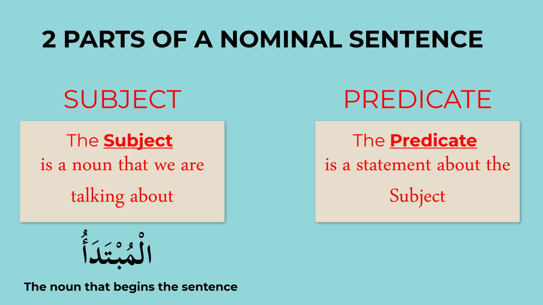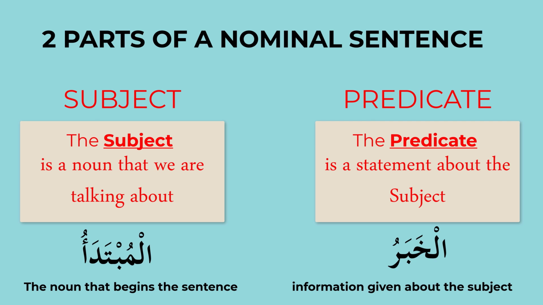Mubtada. Okay? Subject. And what is called predicate in Arabic? Very simple. Al-khabaru. Or you will say khabar. Are you with me? Khabar means news. But as I said, brother, in English, we have subject and predicate.